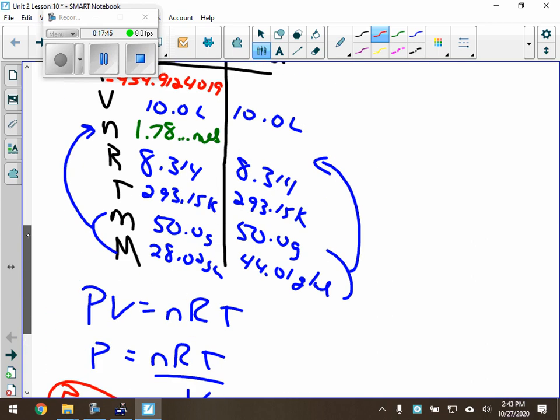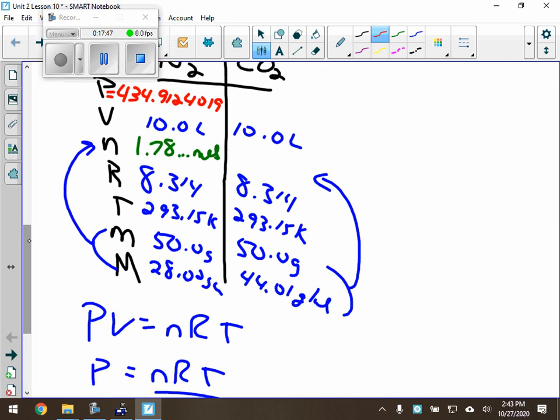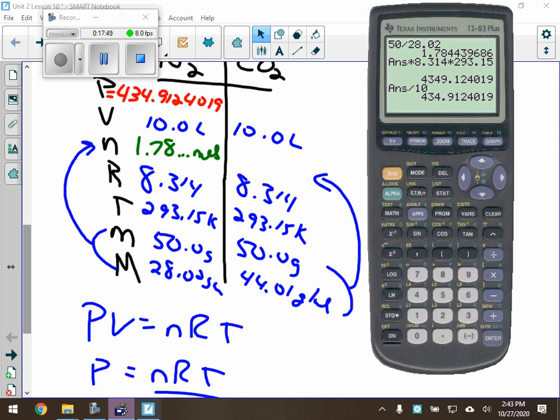Okay? Now, I'm going to go to the other side here. I'm going to do carbon dioxide. So, here we go. Let's see. Again, 50 divided by 44.01. Okay, there's n, R, T, divided by 10.